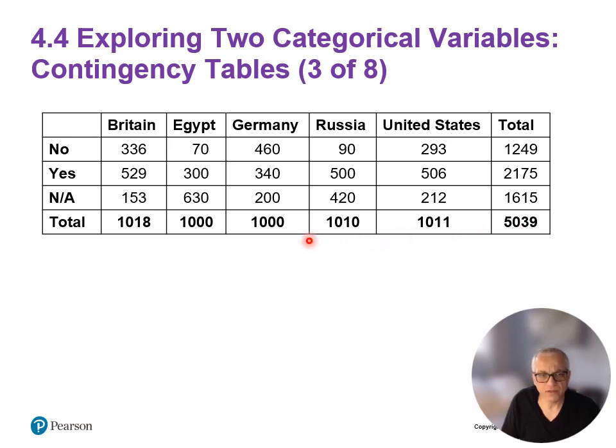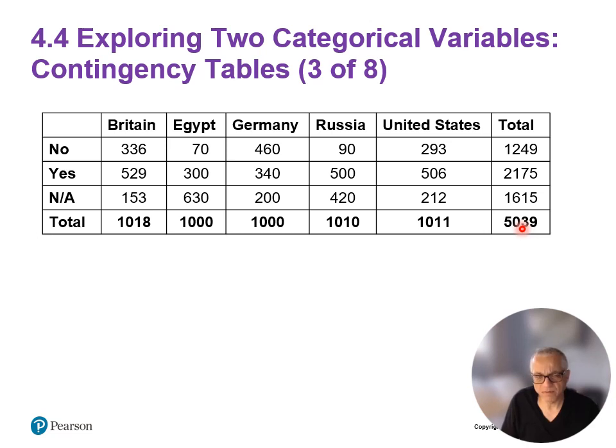Another question: what's the probability that this person is from Egypt? It's again 1,000 divided by 5,039. What's the probability that this person comes from Britain? Again, it's 1,018 divided by 5,039. So every time we focus only on one variable, we use the margin numbers and divide by the total.